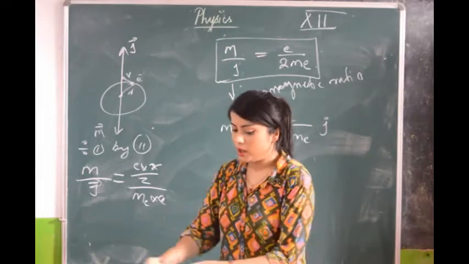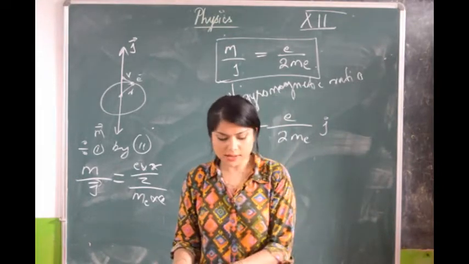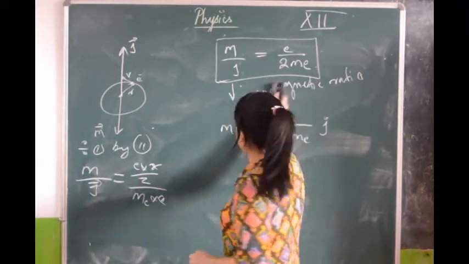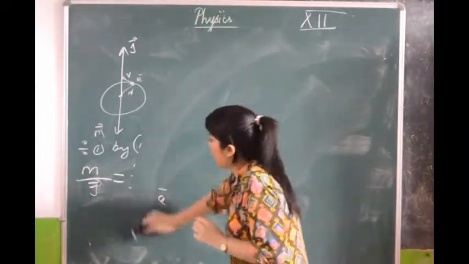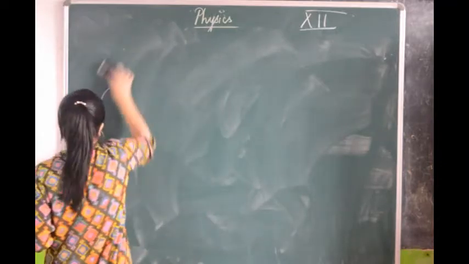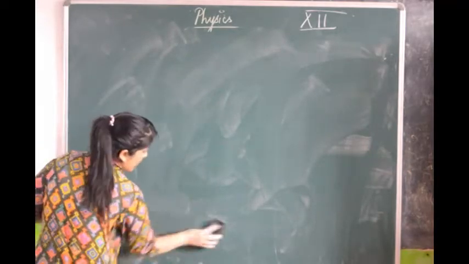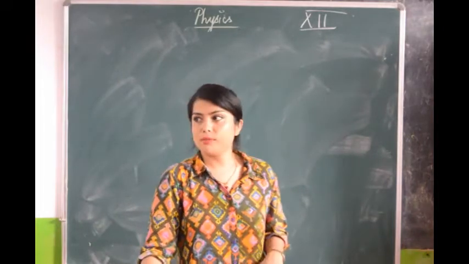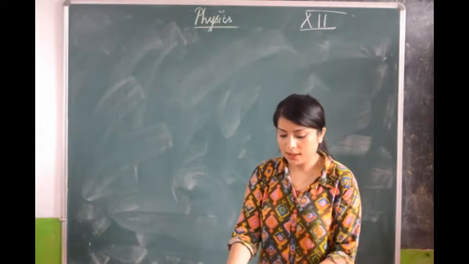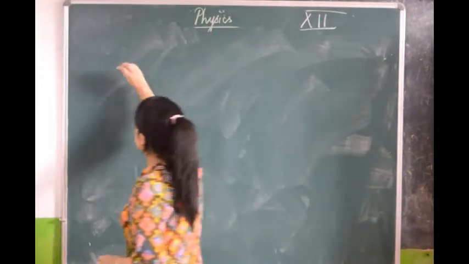Now the next topic which I am going to discuss is magnetic field of a magnetic dipole, and that magnetic dipole will be your bar magnet. Derivation is not required over here. Only what you need to remember is the formula and the different conditions.